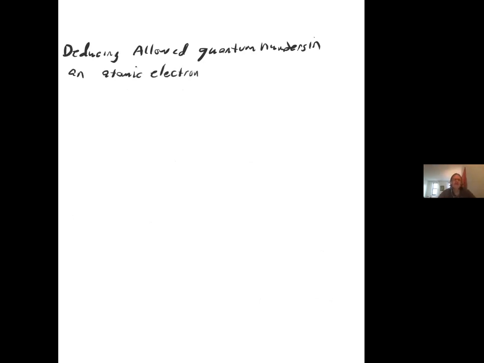So what they're going to do is say, suppose you have a 2p electron. That's an electron in a 2p orbital. What are the possible values of m sub l? Okay, so I'll write our answer over here.